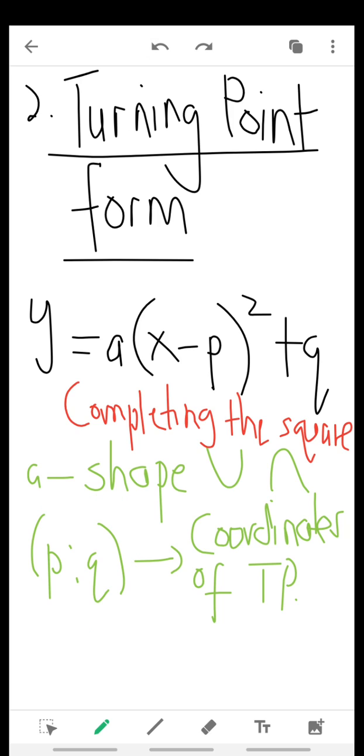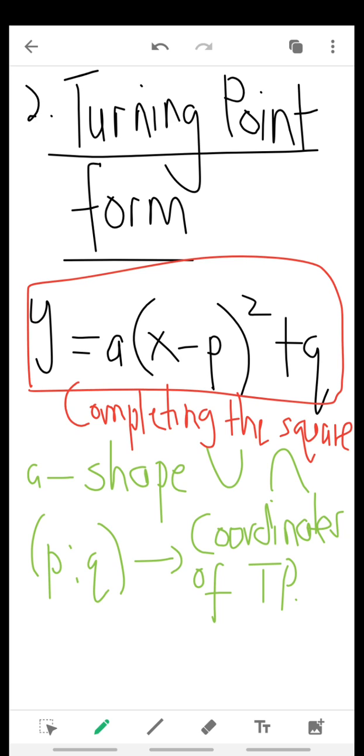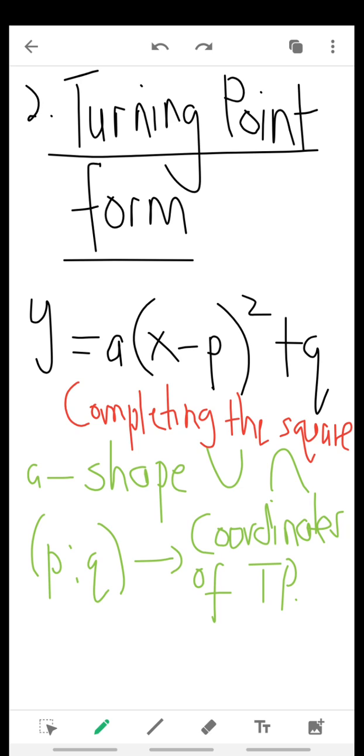So when I equate x minus p to 0 and solve for x, x equals p, and with your q together, they give me the coordinates of the turning point. It means when your parabola equation is given in this form, you can immediately find your turning point.